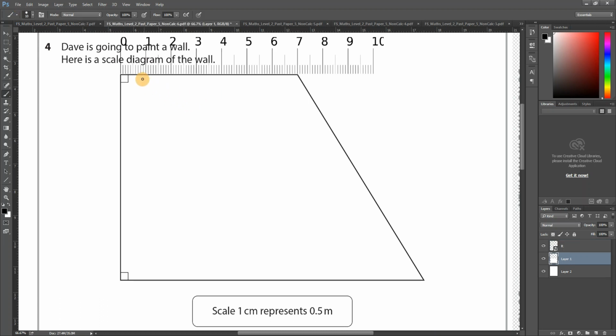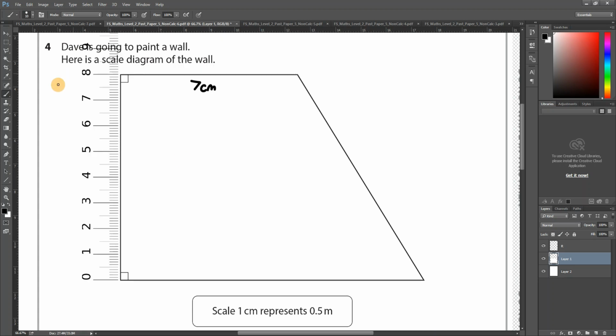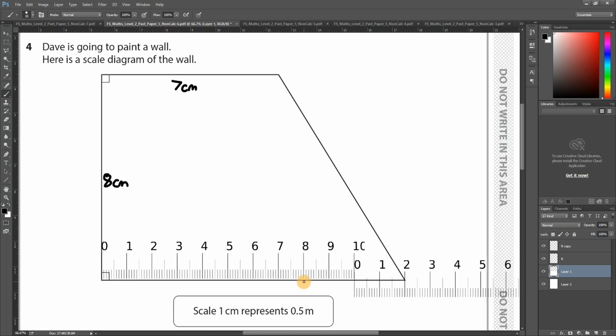As you can see, the first line right at the top is exactly 7 centimeters. Let me put that in there. Next I'll do this line over here. That's exactly 8 centimeters. Let me write that in. That line is done. Next I'll do the one at the bottom. I've had to double my rulers. My ruler only goes up to 10 centimeters, and then I had to join another ruler on the end.